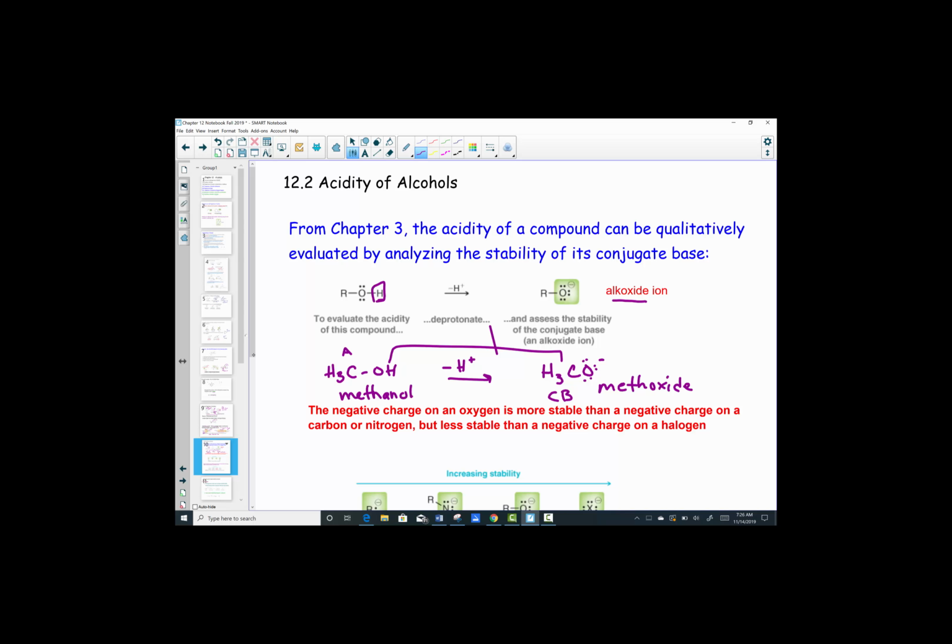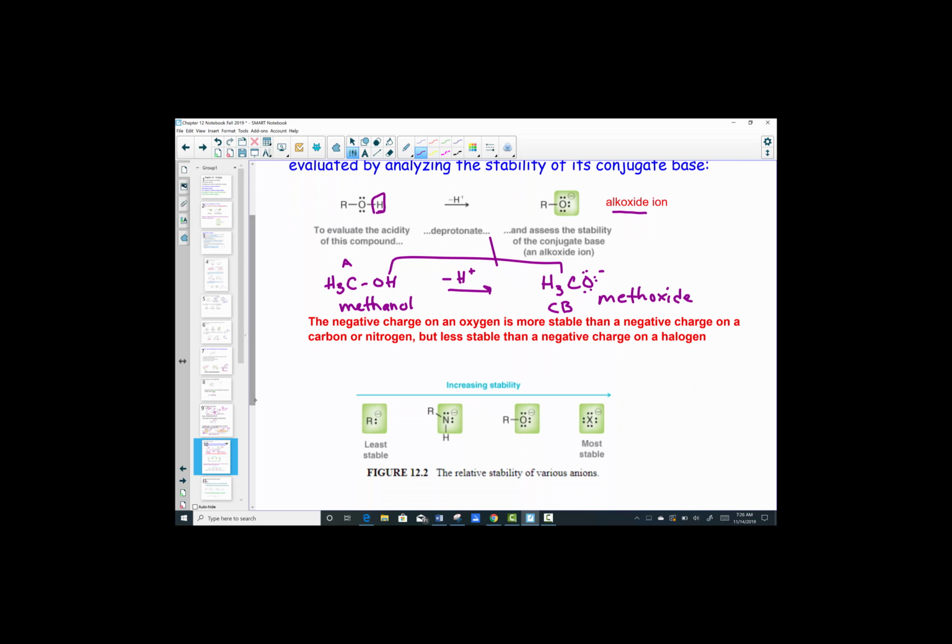So as we think about the ability to stabilize the negative charge, we can relate the following trend. That negative charge on oxygen is more stable than on a carbon or a nitrogen, and that's just the periodic trend. Remember in the row, it goes carbon, then nitrogen, then oxygen, then fluorine.